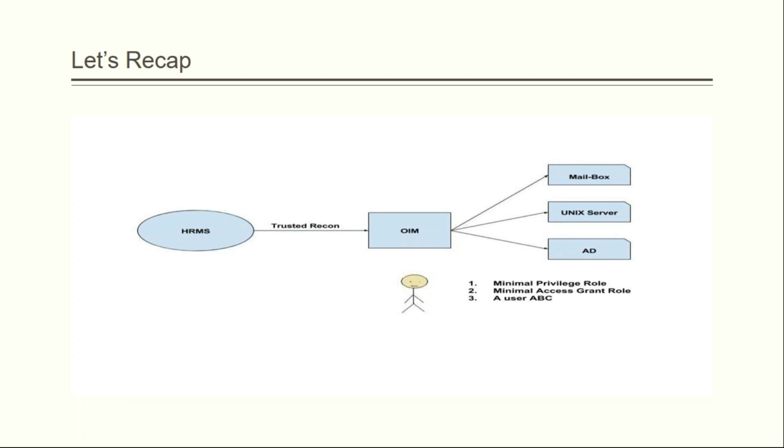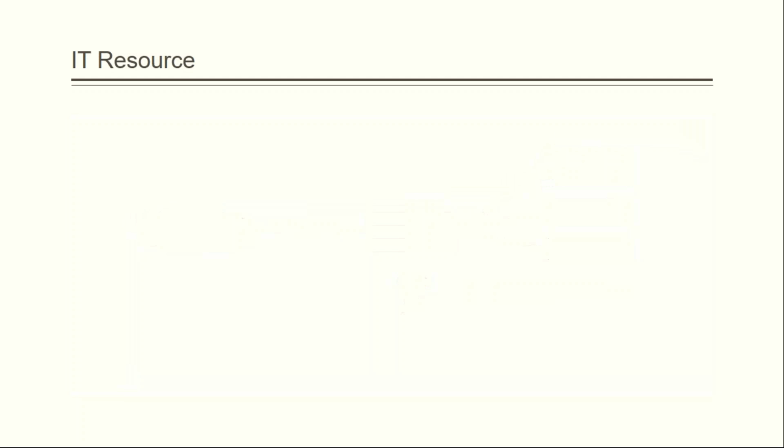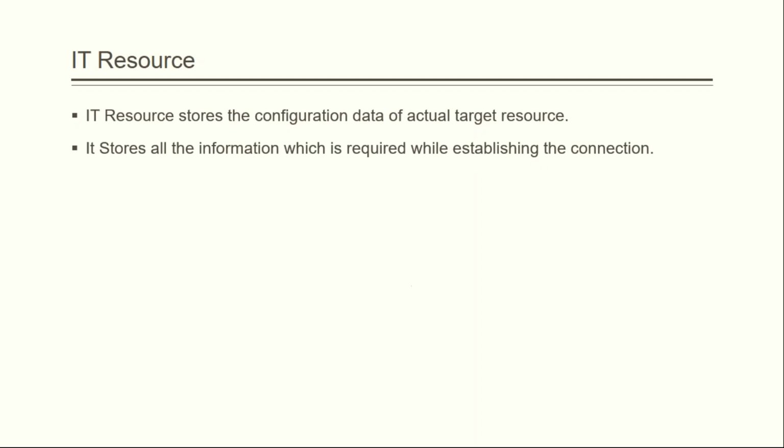So in OIM, there is a new concept which is called IT resource. In the IT resource, OIM stores all the configuration data of an actual target system while establishing the connection with the target system.